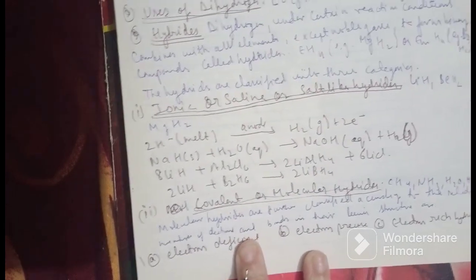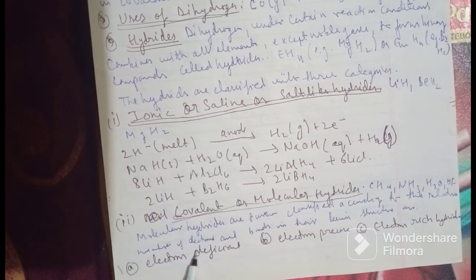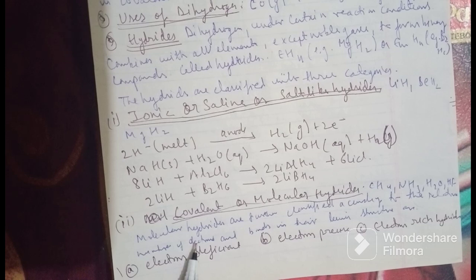In terms of these three, electron deficient hydrides, as the name suggests, have too few electrons for writing a conventional Lewis structure. Diborane is an example. In fact, the elements of group 13 form electron deficient compounds. What do you expect from their behavior?